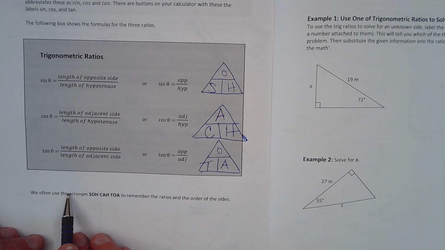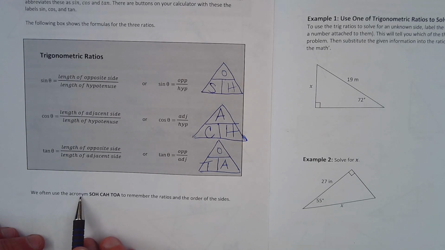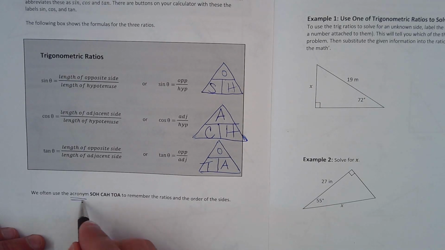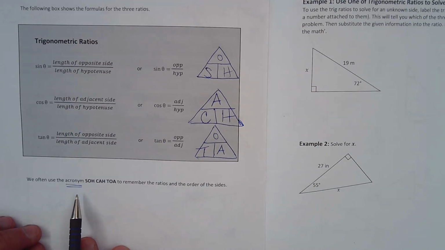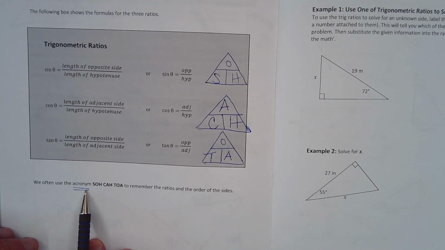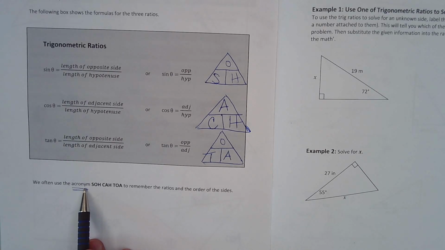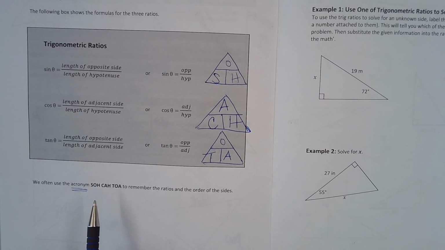And they mention here we often use the acronym. What's an acronym? Have you seen this word before? Yeah, kind of. An acronym is like a word where each letter represents an entire word. So really, like scuba. You ever heard of scuba diving, right? Scuba diving means you put on that special mask thing and it helps you breathe, right?